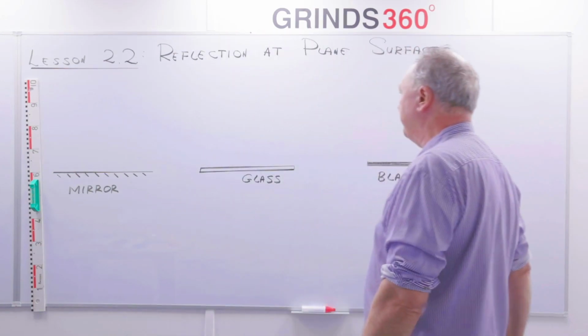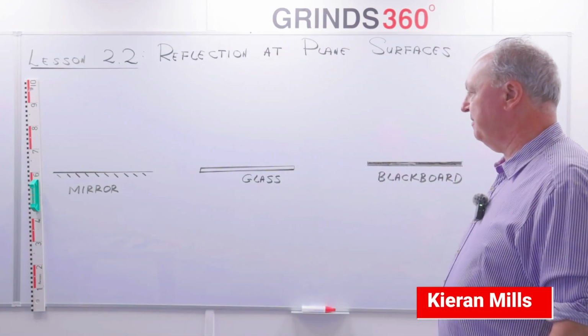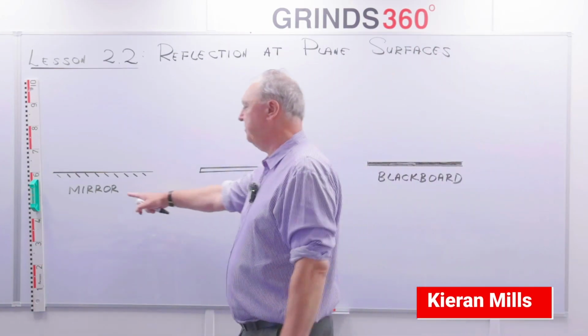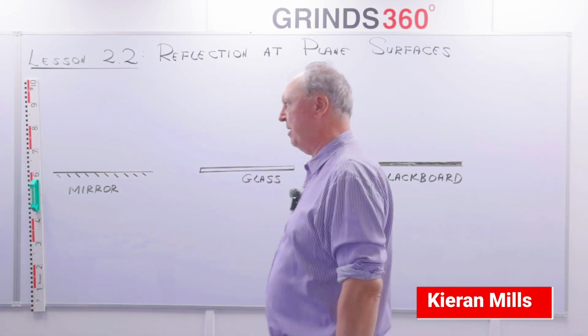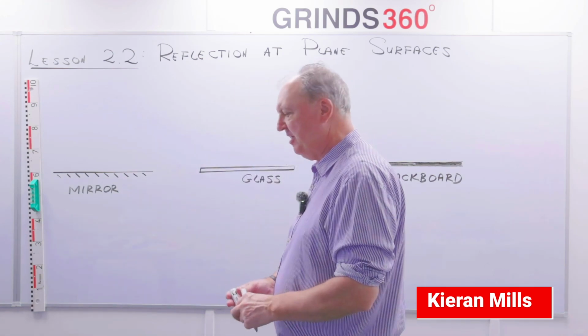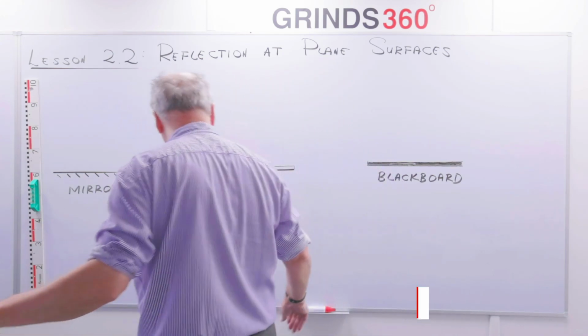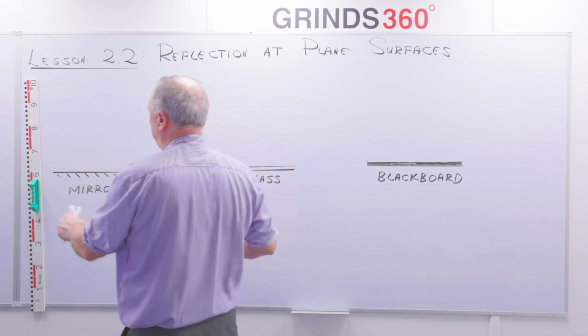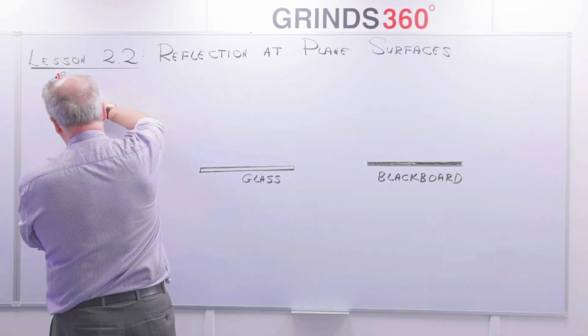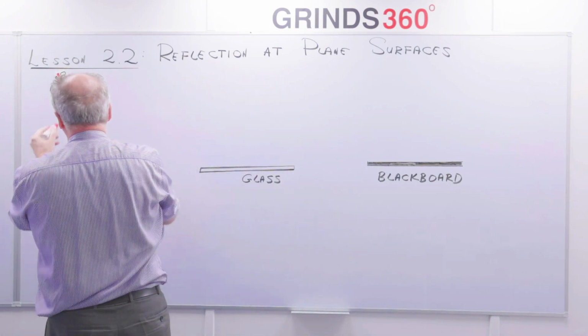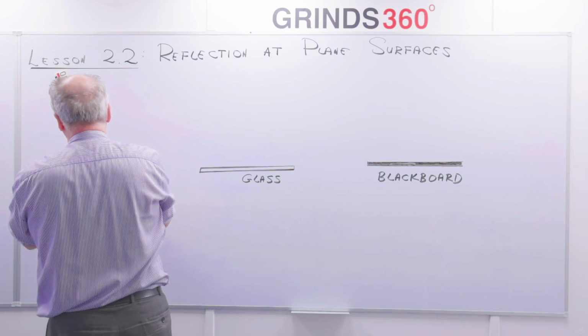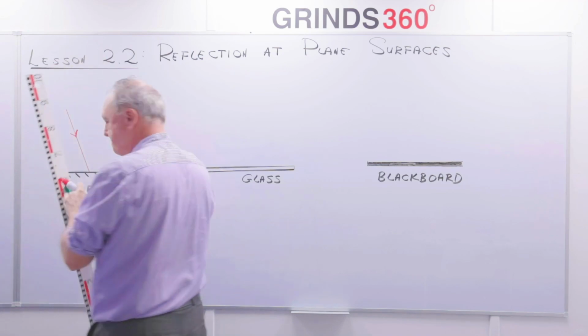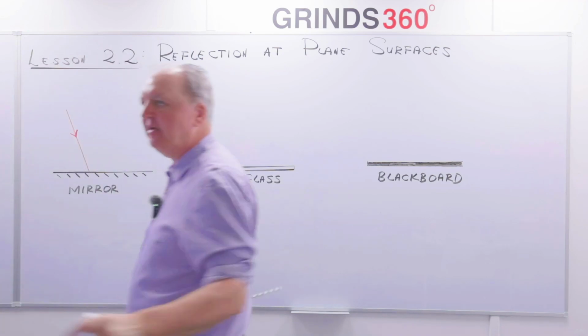So, reflection of plane surfaces. Well, let's start off with a mirror. I'll explain a little bit more detail about a mirror in a few minutes. Let's say I've got a ray of light that is incident on a mirror. So I'll represent my ray of light just as a straight line, as such. And what happens to that ray of light?